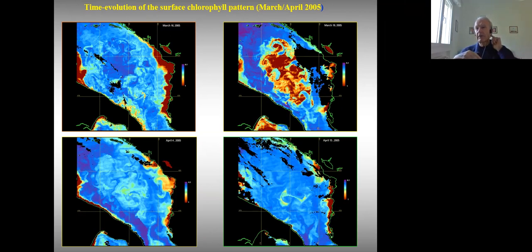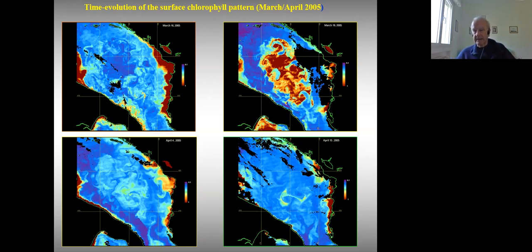So there should be some process which brings these nutrients to the surface in order to generate the phytoplankton bloom, the growth of the phytoplankton. And if we have the vertical mixing associated with the dense water formation, that means that we are mixing the water from deeper layers to the surface. In other words, we are bringing the nutrients into the surface layer.